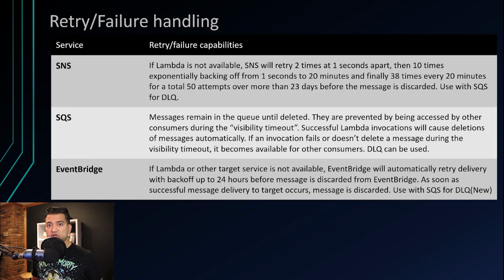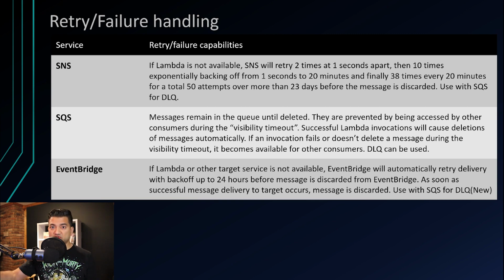So moving on to retry or failure handling. For SNS, let's say Lambda is subscribed. If Lambda is not available, SNS will keep on retrying for 23 days. And then if you do not set up a DLQ, the message will get discarded. But the guidance is to use a DLQ, or dead letter queue, which uses an SQS queue with SNS.